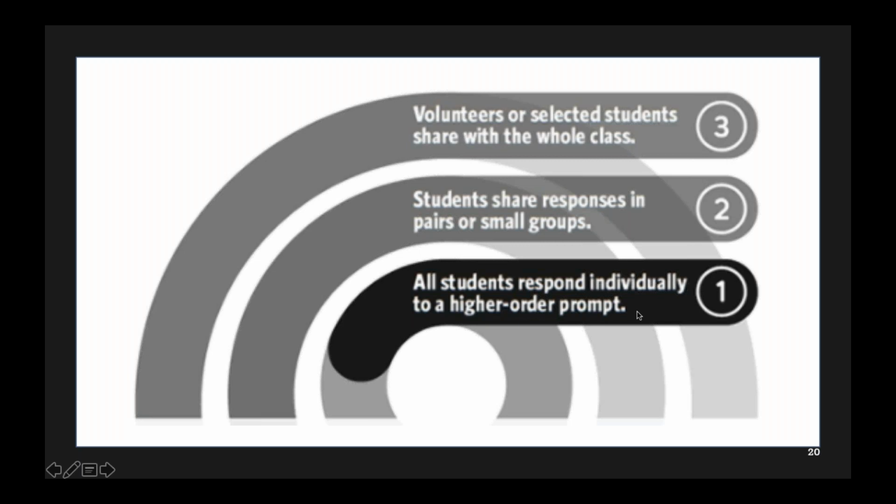When we put wait time in play, original research says 3 to 5 seconds of wait time, the newest research says 10 to 15 seconds of wait time because of EL students. When teachers wait, students produce higher level responses in more complete sentences and richer, deeper responses.